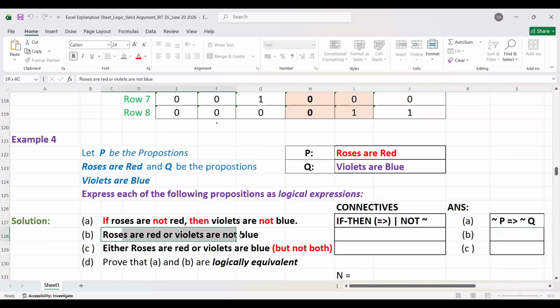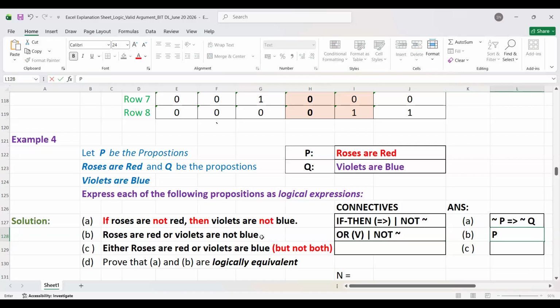Roses are red or violets are not blue. Again, what's the connective here? Or, followed by not. Not is the twiddle sign. So roses are red, that is P. What connective is between that and violets are not blue?